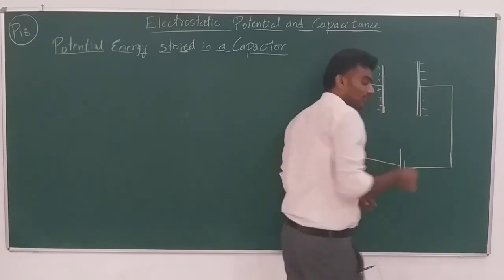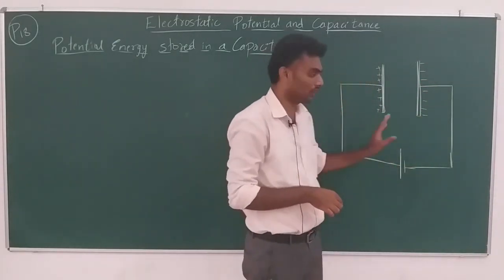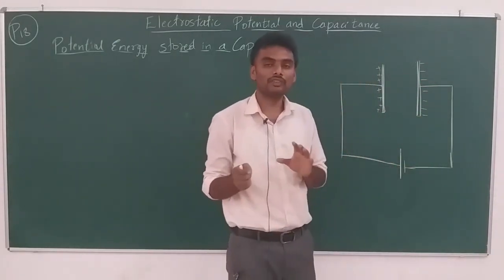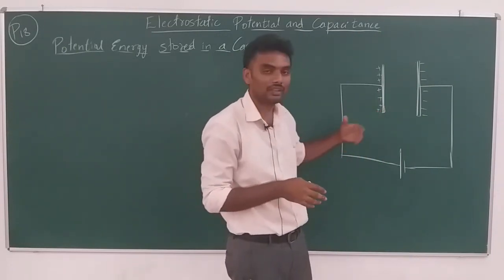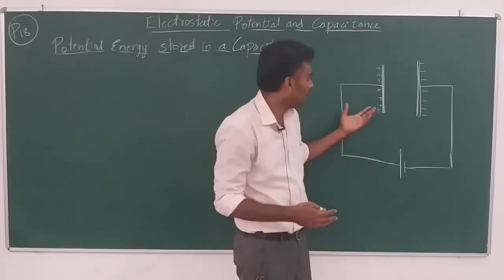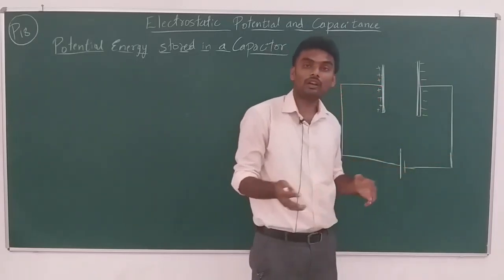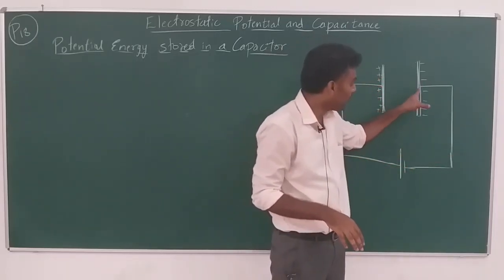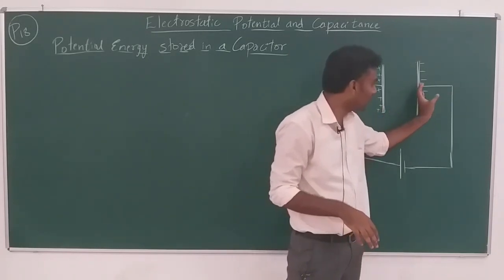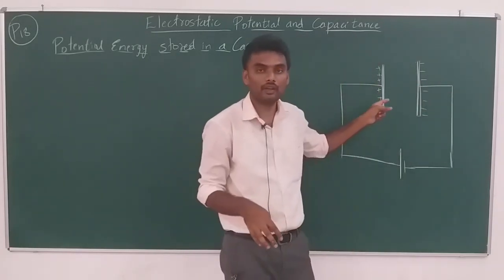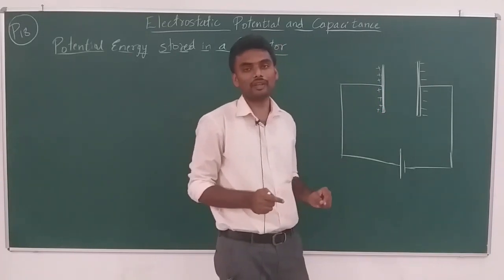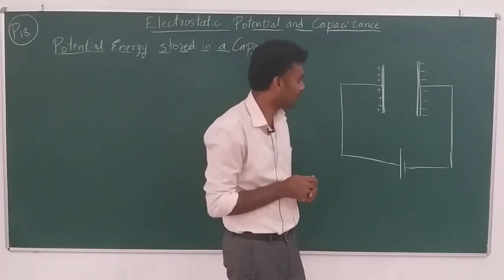Physically it's electrons which are moving, that's fine, but when we interpret the same phenomenon in terms of charges, I can say the negative charge is moving from this plate to this plate, or I can also say the positive charge is moving from this plate to this plate. Both of them are one and the same interpretation.